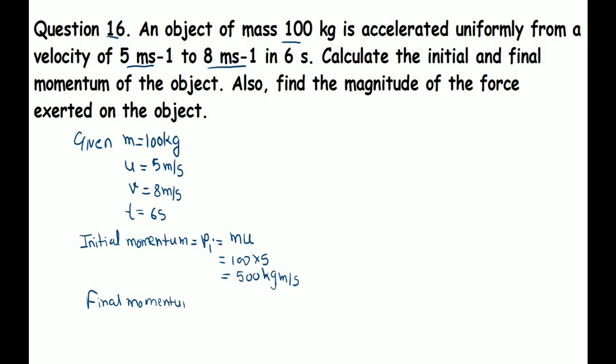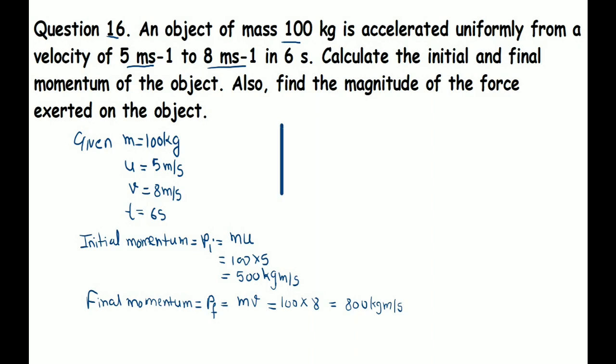We can find the momentum by simply applying the formula P is equal to mass into initial velocity. Obviously I am representing initial momentum as P of I, correct? So 100 into 5, that is 500 kg meter per second.